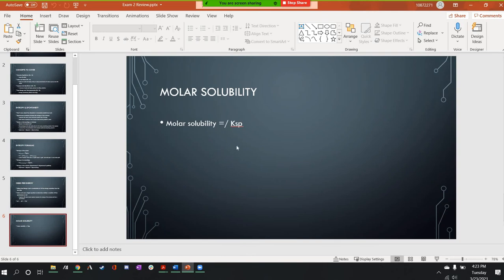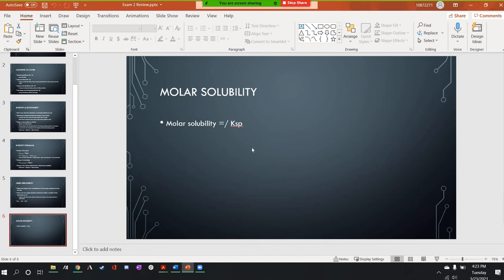And that's something that mixes people up, I think. And I remember it mixing me up in this class. KSP is an equilibrium constant for a solubility reaction, right? Like, say, it could be anything like NaCl dissolving to form Na plus and Cl minus. There's some KSP value that tells you how far it dissolves, right? The ratio of products over reactants at equilibrium.